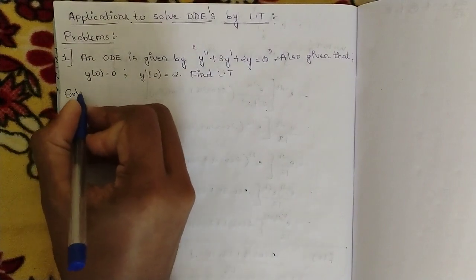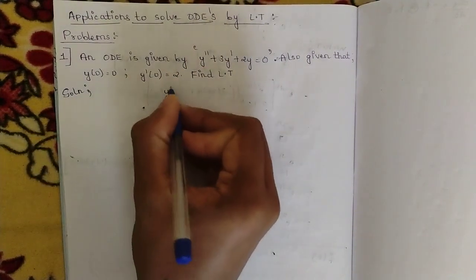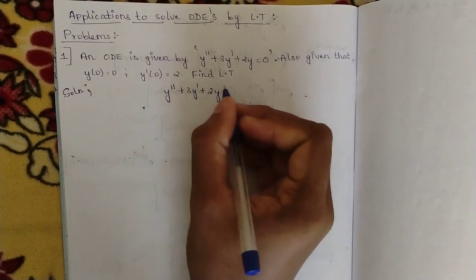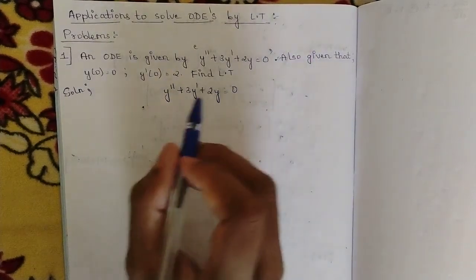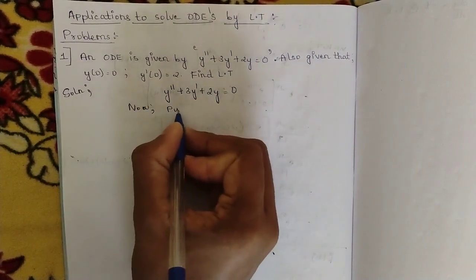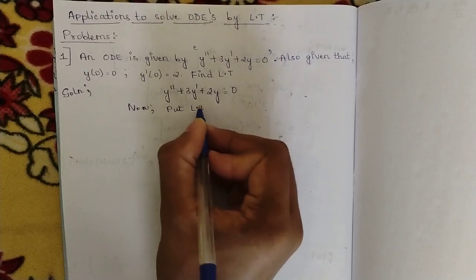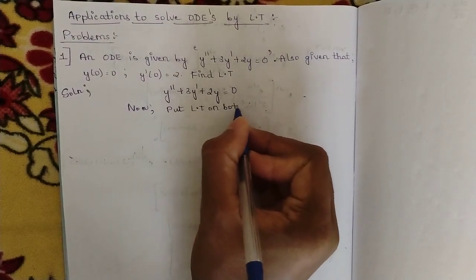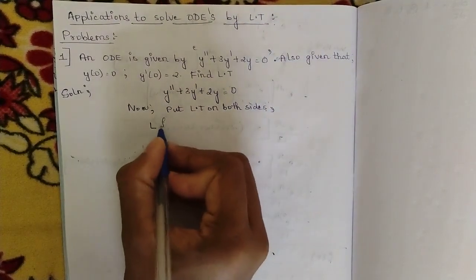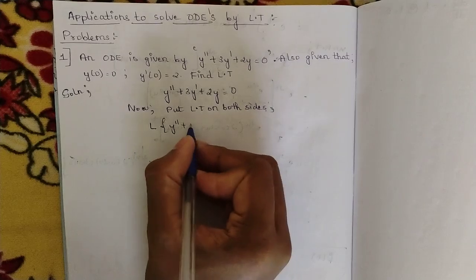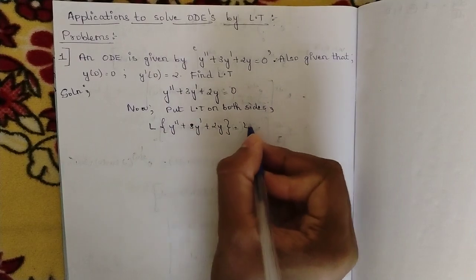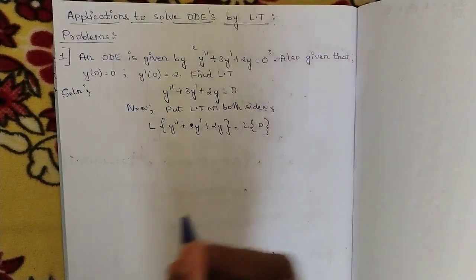First, write the given equation, that is y double dash plus 3y dash plus 2y equal to 0. The first step while solving this is to apply Laplace transform on both sides, that is put LT on both sides. So L of y double dash plus 3y dash plus 2y is equal to Laplace transform of 0.